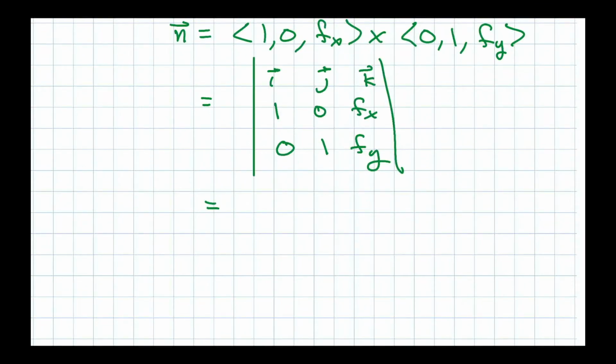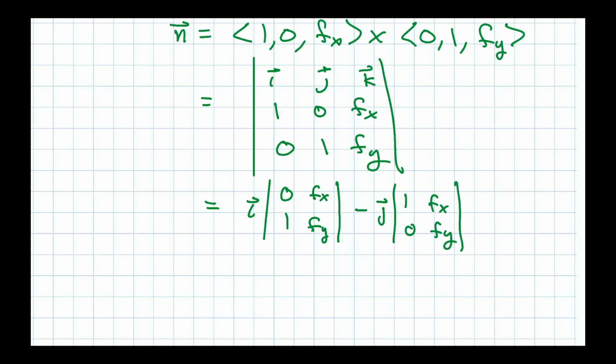So it's going to be i times 0 fx, 1 fy, minus j, 1 fx, 0 fy, plus k, and 1, 0, 0, 1 looks like.